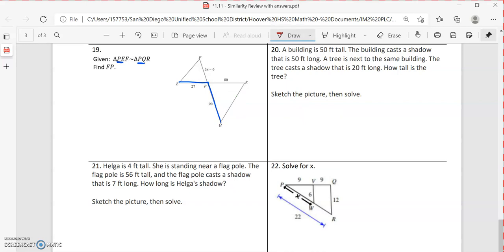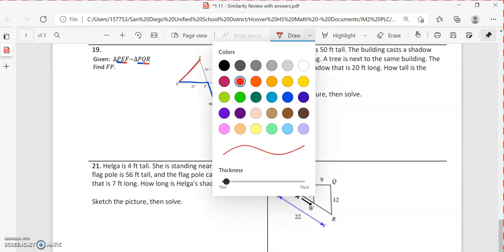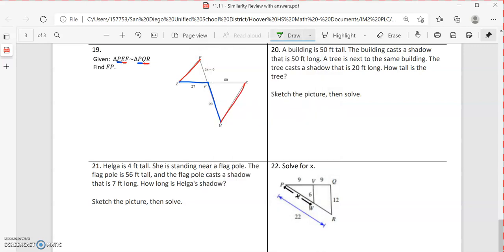And we're going to know that EF and QR, and then finally the last one on the outside. So F to P is the same as R to P. So now we know which sides are related to one another.